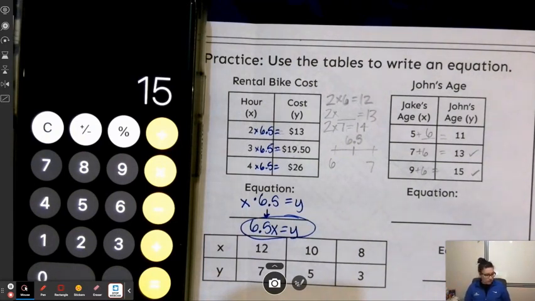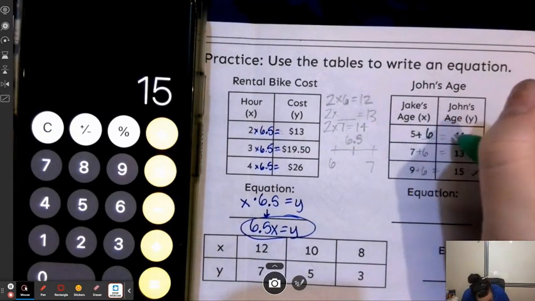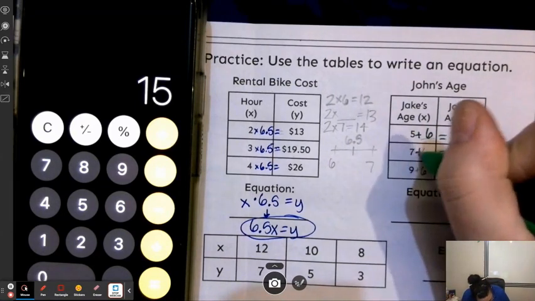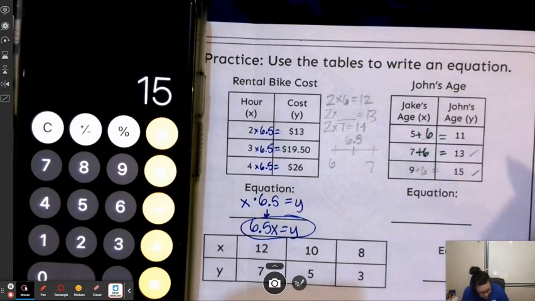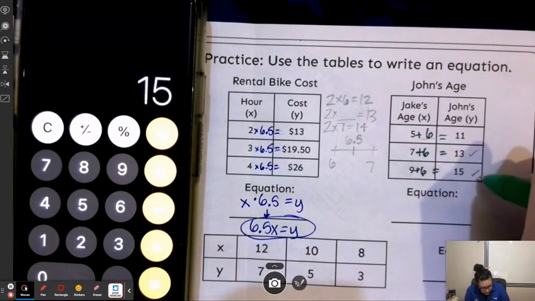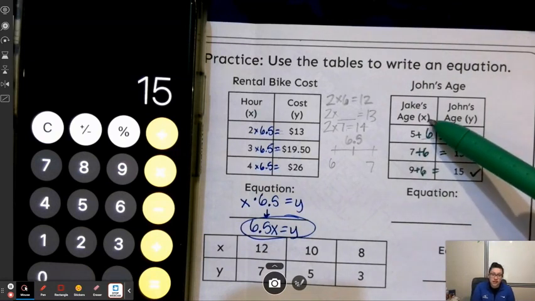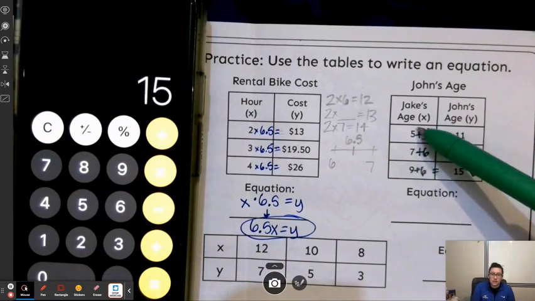So my equation is going to be, let me write this in pen first for you. 5 plus 6 is 11. 7 plus 6 is 13. 9 plus 6 is 15. Take a second, write that down. So Jake's age, doesn't matter how old he is.